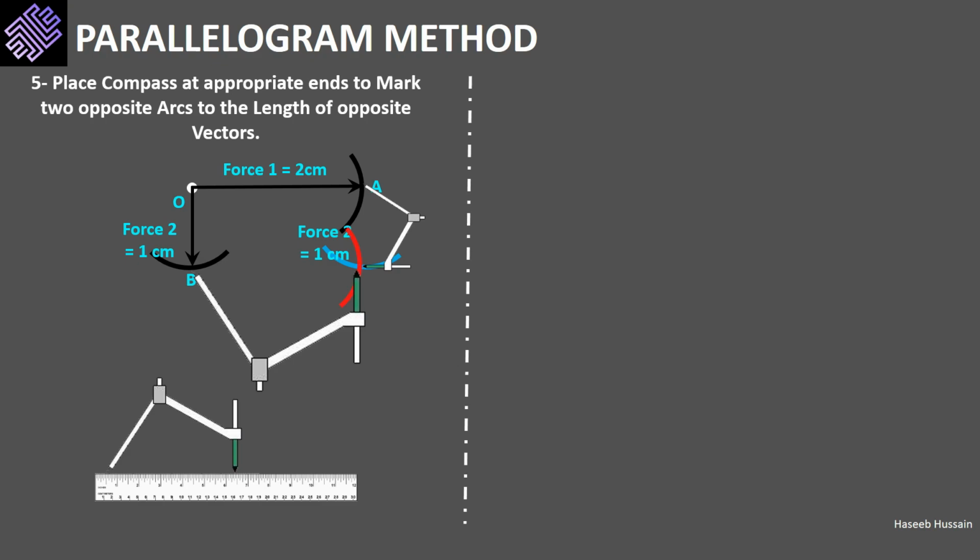This side is opposite to the length of force 1 and must be of equal value, in other words 2 centimeters. The point at which these two arcs intersect is marked as point D. We then draw lines to connect point D to points A and B respectively. This completes our parallelogram, a four-sided figure where opposite sides are equal and parallel.